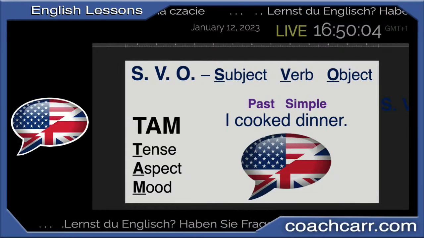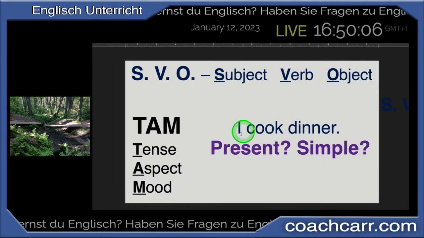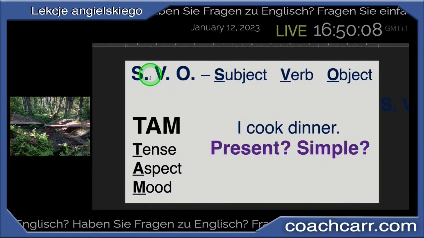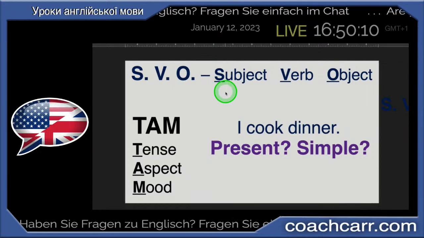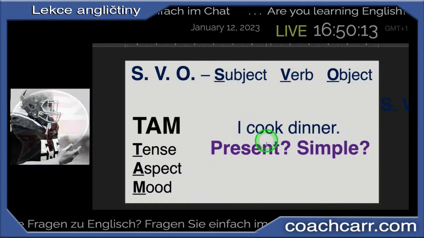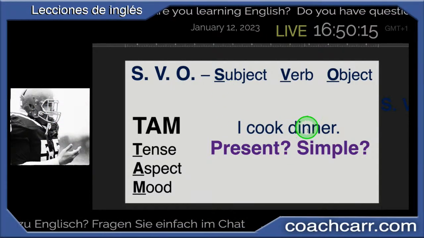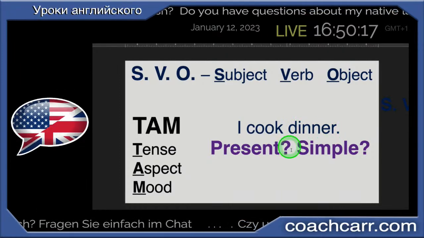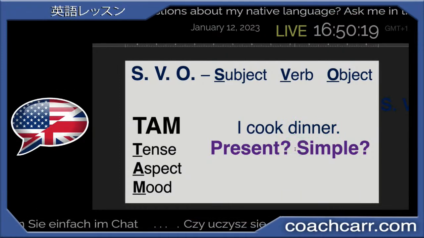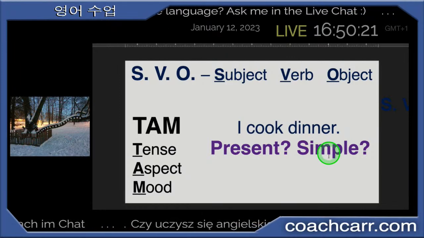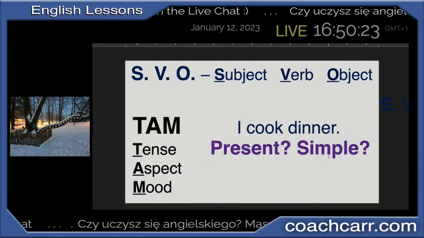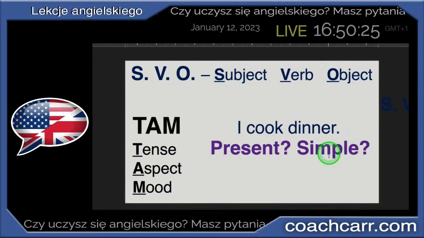But if we look at this sentence, this SVO sentence, subject, verb, object. It's not really present. And it's not really simple. How could it be simple if it's not really present?